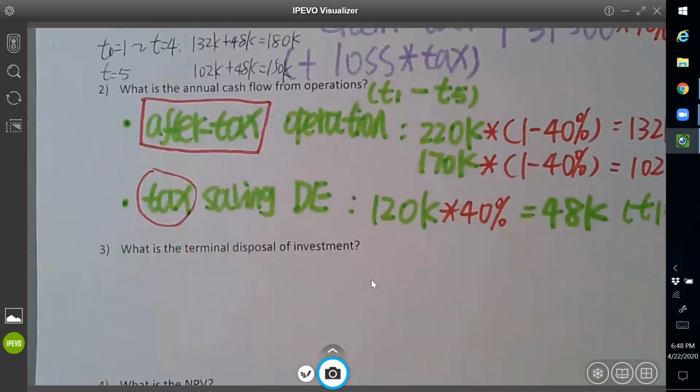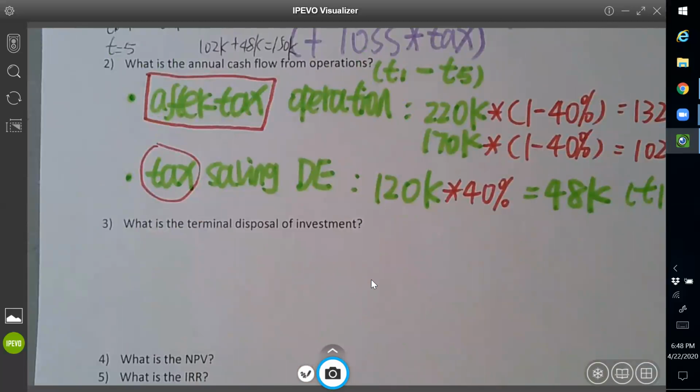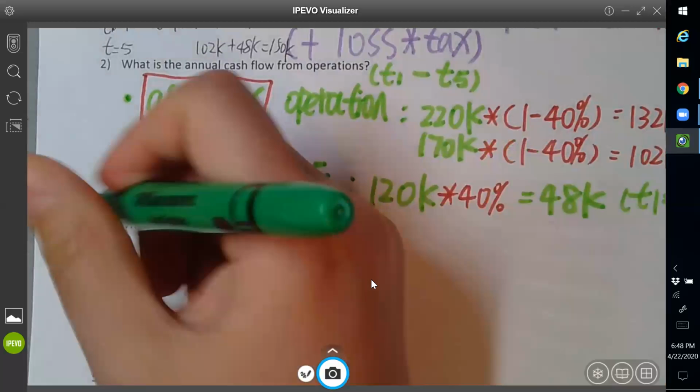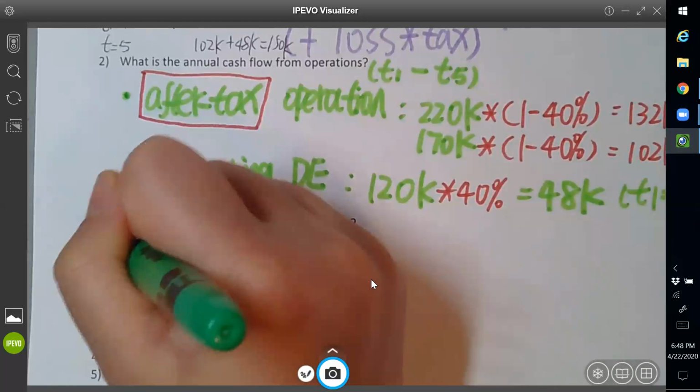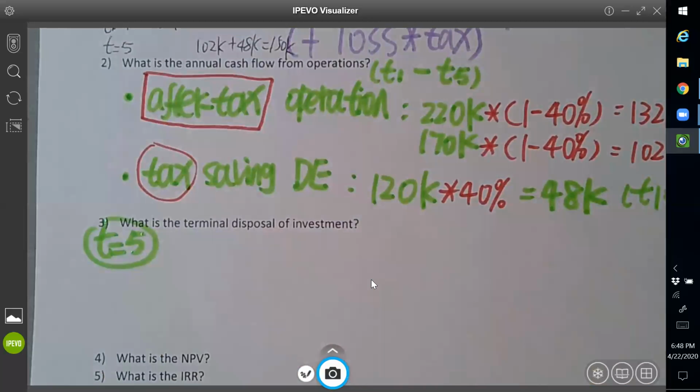Finally, after 5 years, we get rid of this new bus, so we have the terminal disposal of investment. You only do this when t equals 5, at the end of the project. At the end of the project, it's very similar to the beginning.